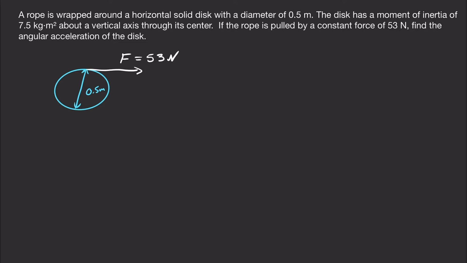Okay, so the first thing I can do is use this force and figure out what torque it's going to apply to this disc that's going to rotate about its center. So the torque is equal to R F sine of phi, the angle between them. And we can see that this is a force that's applied tangent to this circle, so the angle is just going to be 90 degrees. So this will be the radius, or the distance between the axis of rotation to the force, which is equivalent to the radius.